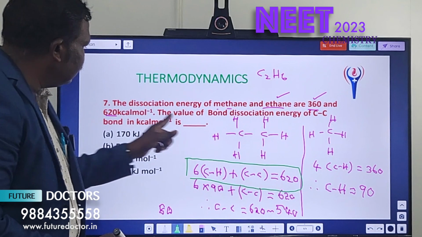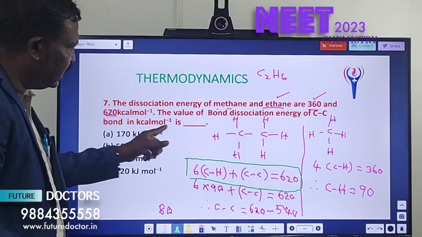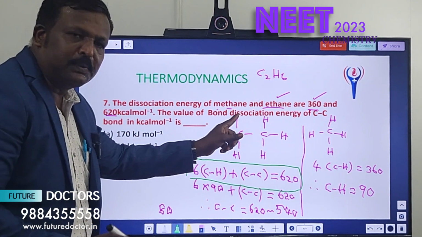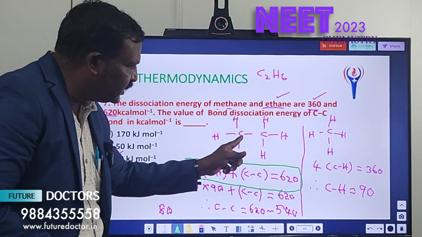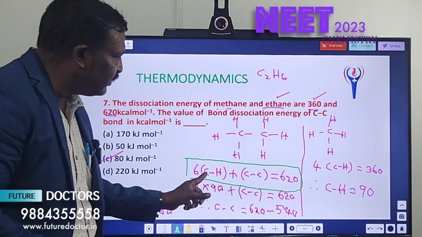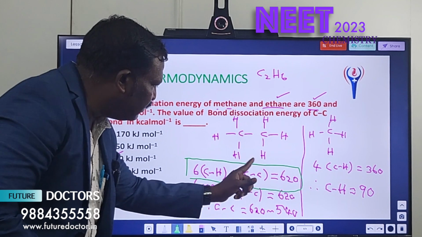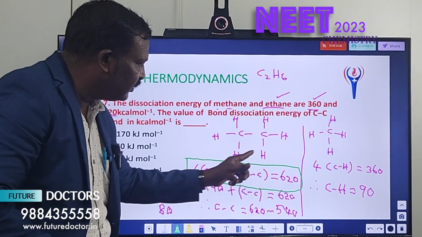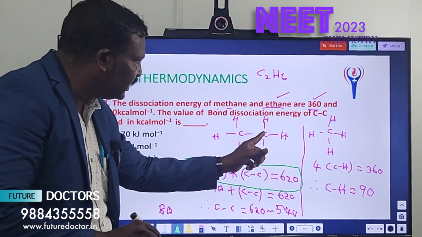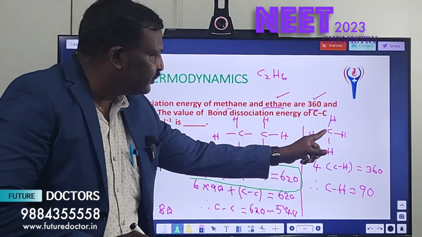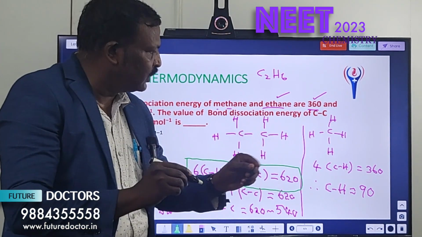In ethane, CH bonds are present, and at the same time a CC bond is also present. We find the CH bond from methane, then only can we find the CC bond. In ethane we have 1 CC bond, but in methane there is no CC bond, only 1 carbon.